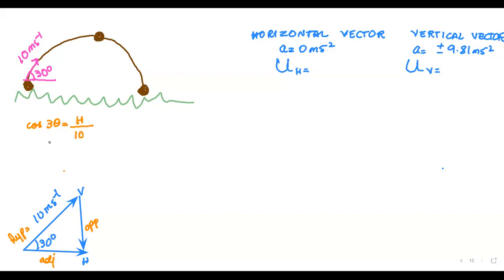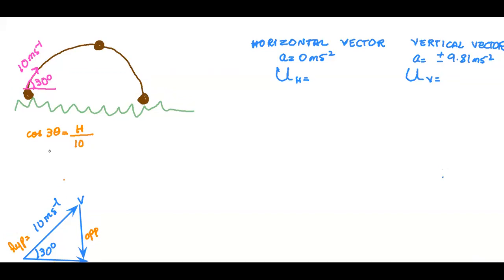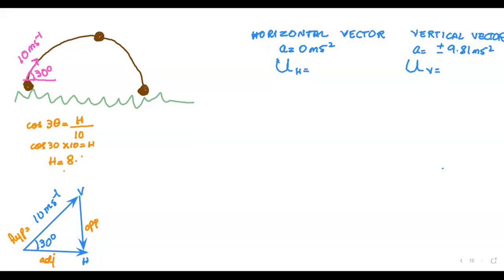My adjacent is h, the horizontal velocity, and my angle is 30. So I will take cos 30, multiply it by 10, and that will give me the value for the horizontal component, the velocity in the horizontal direction. So cos 30 multiplied by 10 gives us 8.6. So horizontally, our velocity is 8.6 meters per second.